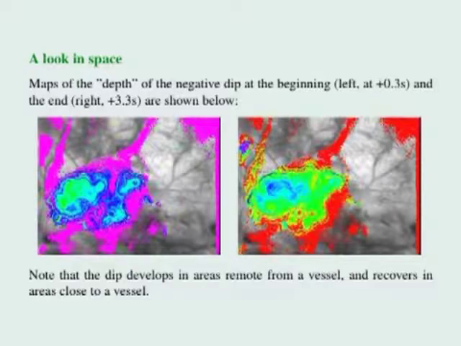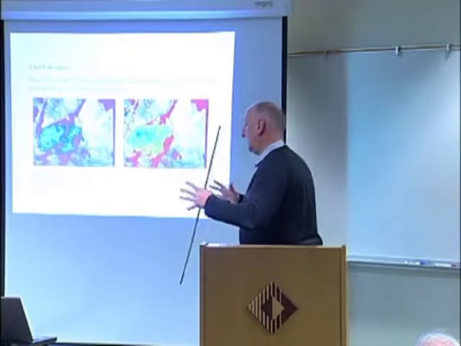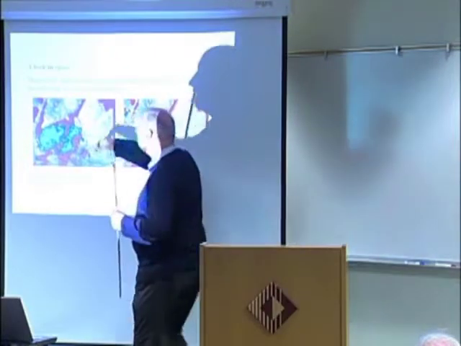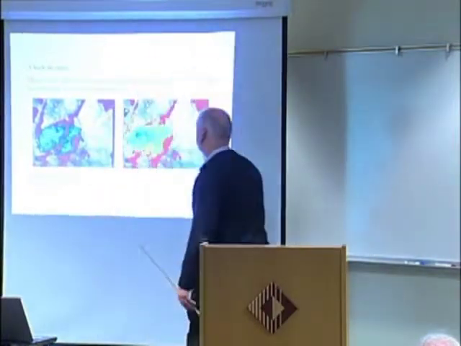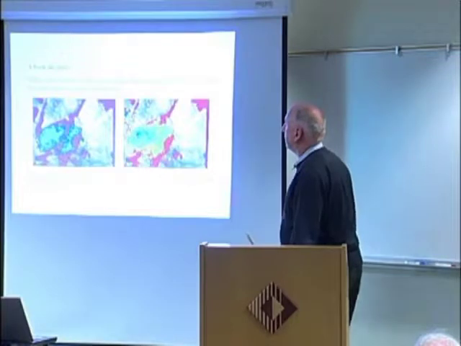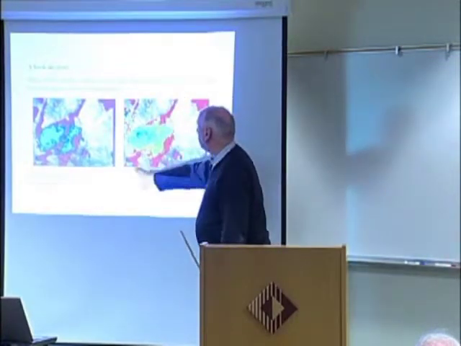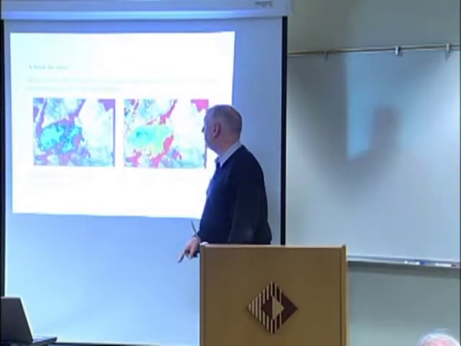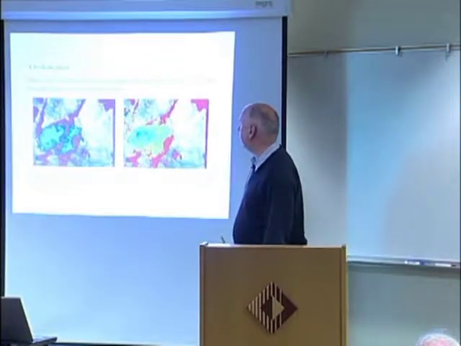And what you can see over here, according to this color scale, is that the deoxygenation develops in areas which are sort of apart from the vessel underneath. So these are areas where oxygen needs to diffuse into. And on the outset, we see that these areas also recover from the vessel, so they get fresh blood inflow from the vessel.